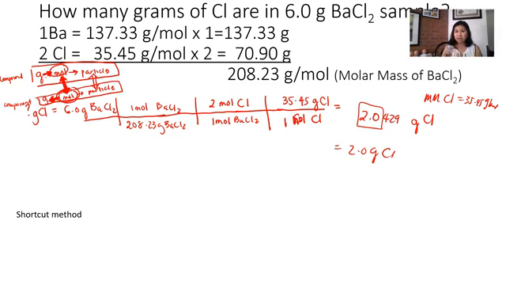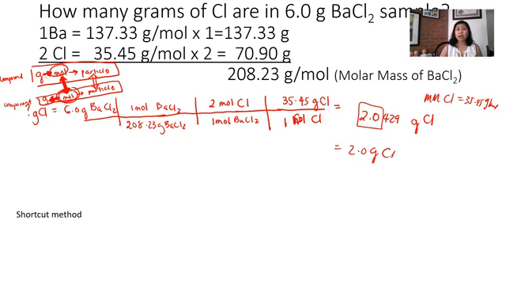So even if I have a spoonful or a bag full or a house full of barium chloride sample, the ratio of barium to chlorine will never change. That's because that is the identity of your substance. So for every 1 barium atom, there's always going to be 2 chlorine atoms.